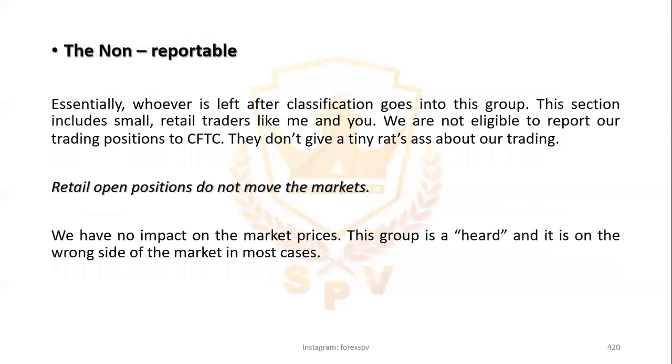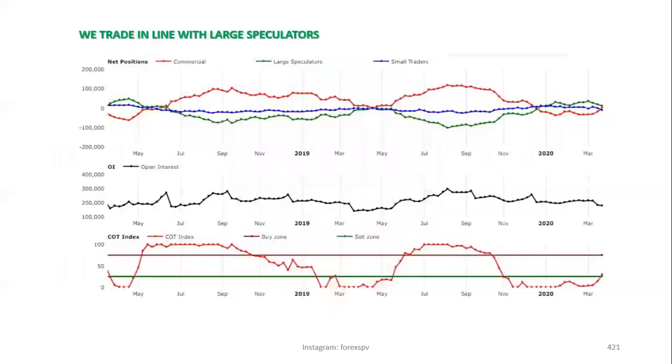And whoever is left after classification goes to the non-reportable group. This includes small retail traders like me and you. Retail open positions don't move the market, so in our analysis we would only follow the large speculators as they go along with the trend.